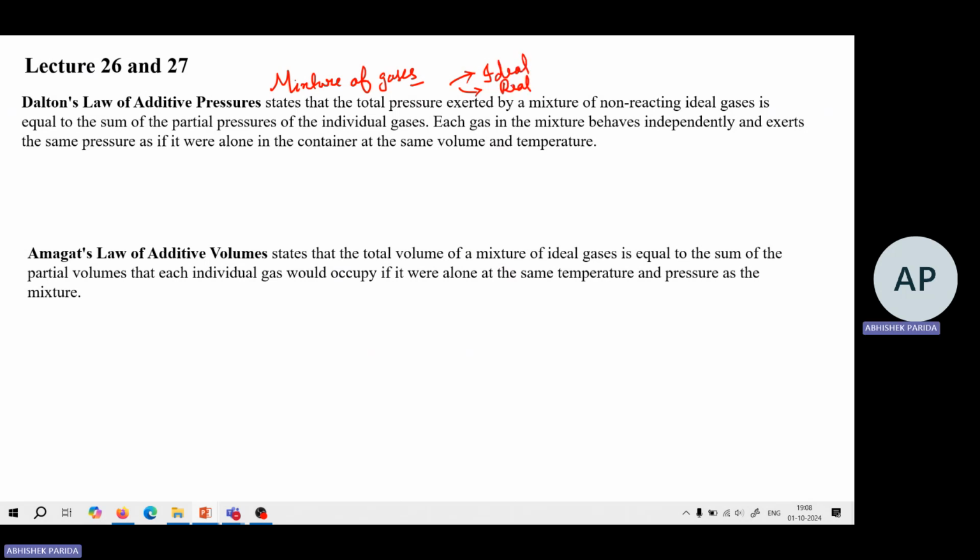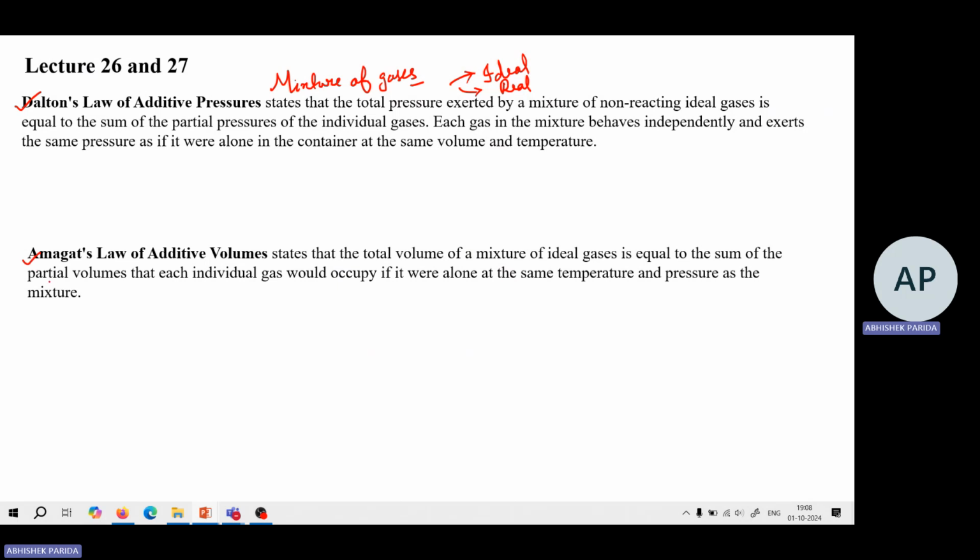Based on that, you might remember that the instructor has solved a lot of questions to explain how the consideration of real gases changes the values that were calculated assuming ideal gases. The two basic laws covered in lecture number 26 are Dalton's law of additive pressure and Amagat's law of additive volume.